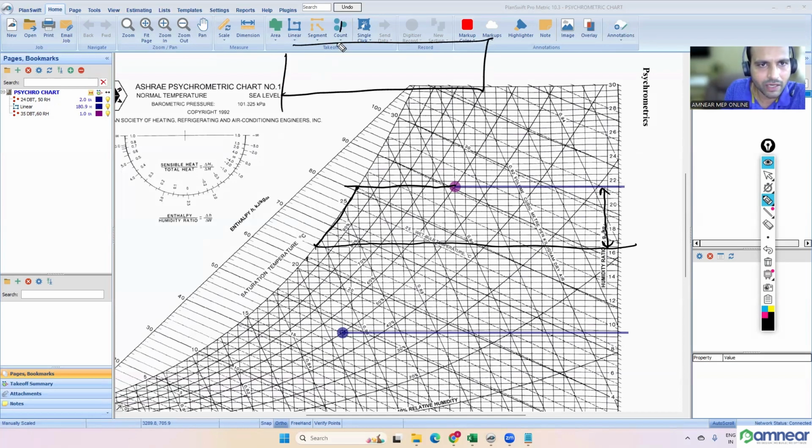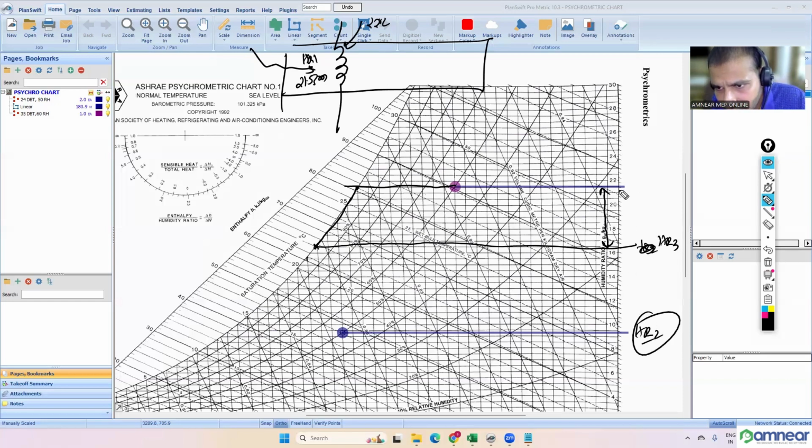Correct. If you have a cooling coil with a surface temperature of 22 degrees Celsius, the air will enter at humidity ratio 1, meaning 21 or 21.5 grams of water will be there. Since the surface temperature of the cooling coil is 22 degrees Celsius, we reach this point, and the required humidity ratio point is nearly 16.5. Up to 16.5, the coil will remove.